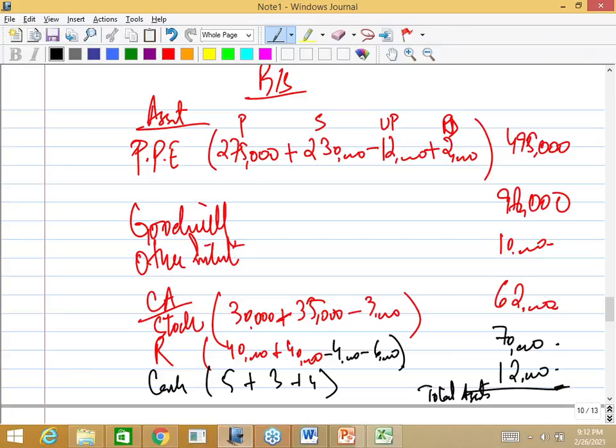I hope it's clear to all of you. So the total figure will be 7,47,000 in total for all the assets. So how many who have calculated this correct figure?